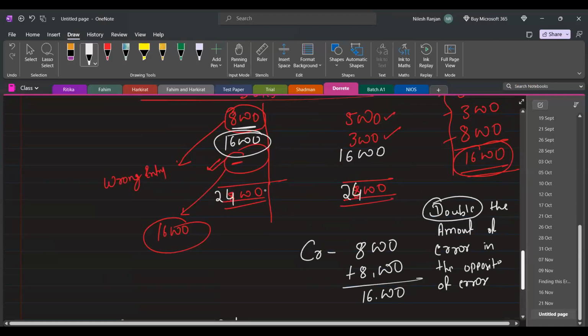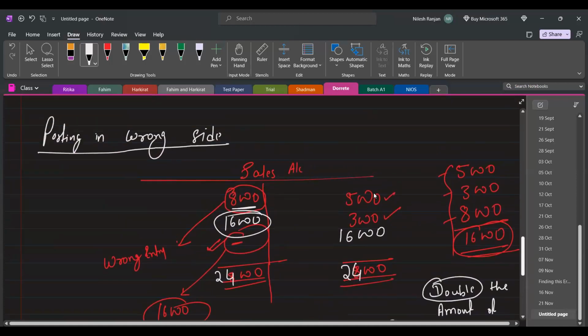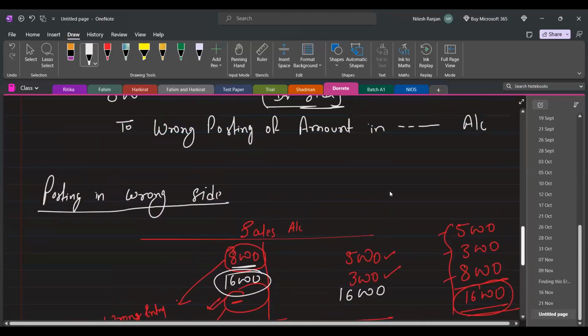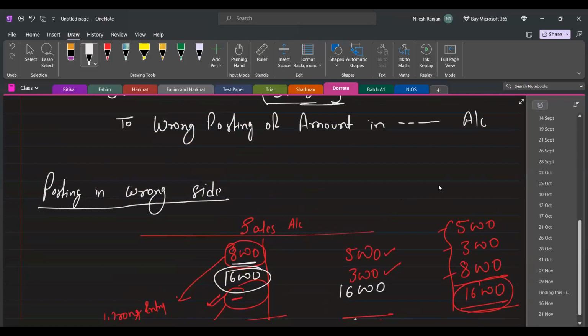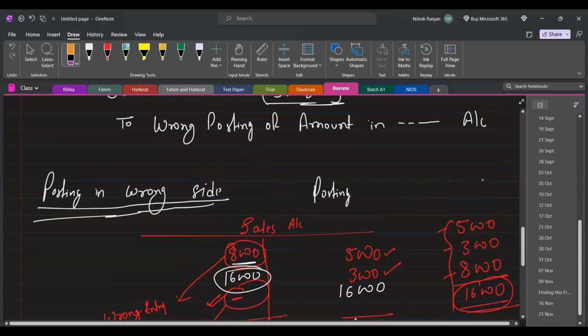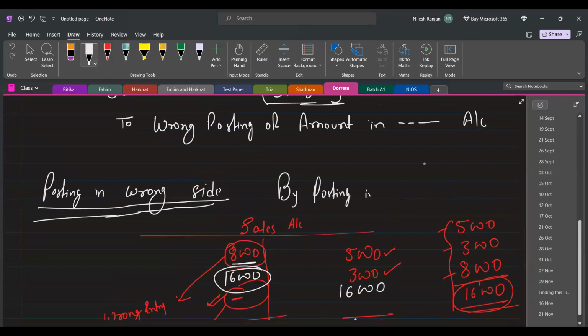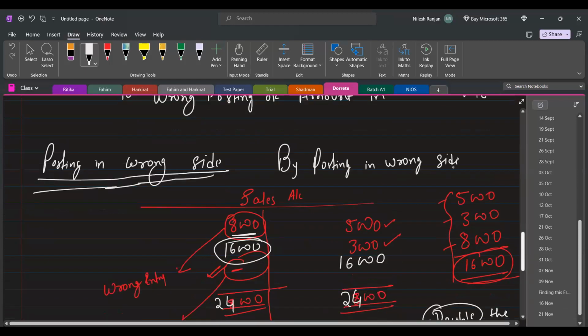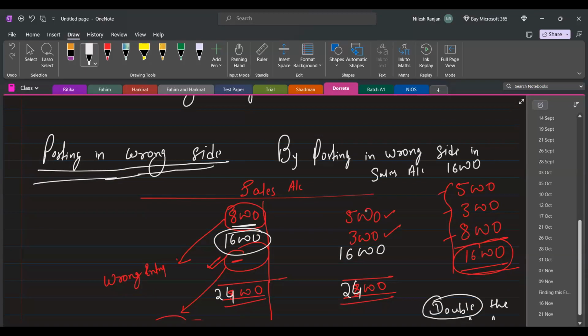In this example, it is on the credit side, so we should write by posting in wrong side in sales account, 16,000. So we have written it by on the credit side.